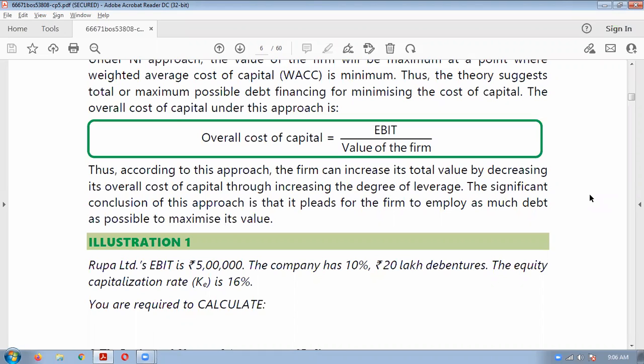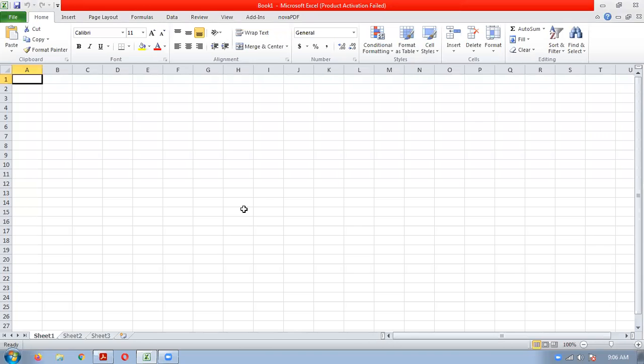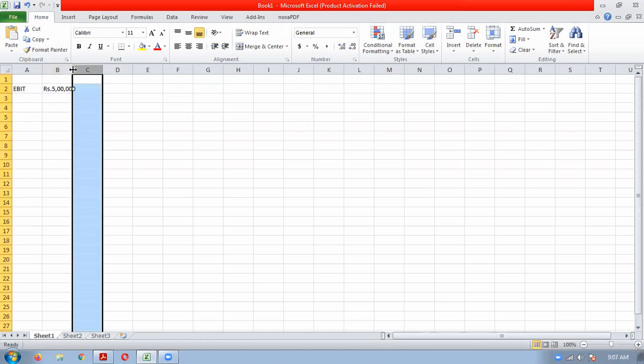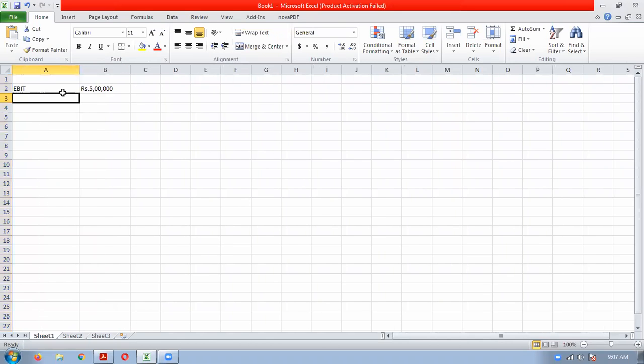Okay. So let us calculate how to find out the value of equity. Simple it is. See what data is given. EBIT is given, 5 lakh rupees. Value of debt is given, that is debentures.